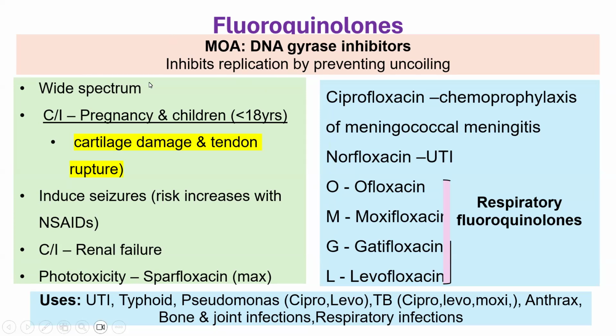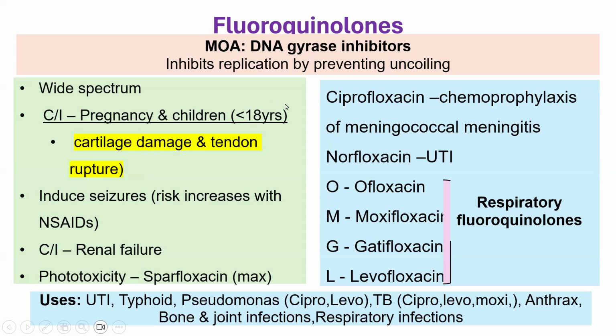Whenever fluoroquinolone is asked, you have to write it is contraindicated in pregnancy and children less than 18 years because of the risk of cartilage damage and tendinitis or tendon rupture. You should compulsorily write cartilage damage and tendon rupture; they will expect this. It may also induce seizures, and it is contraindicated in renal failure.